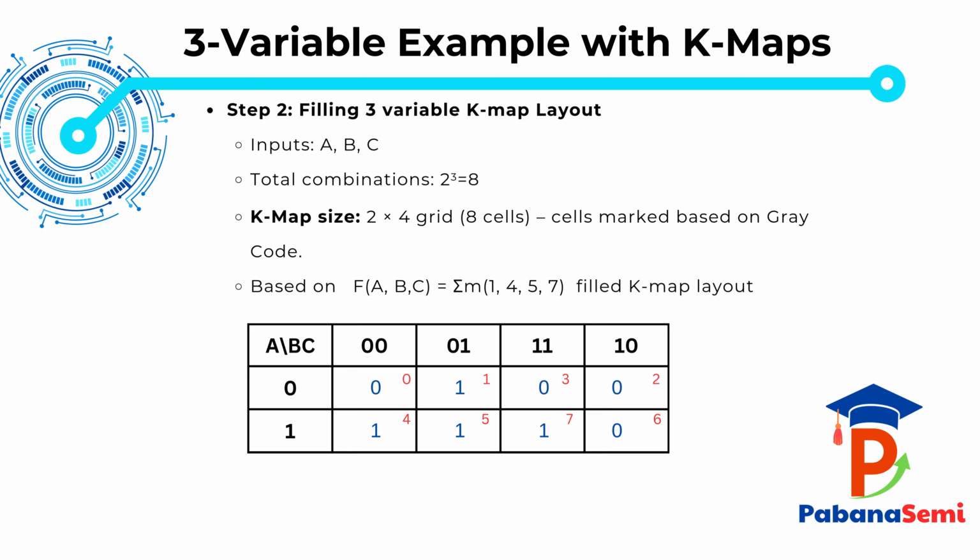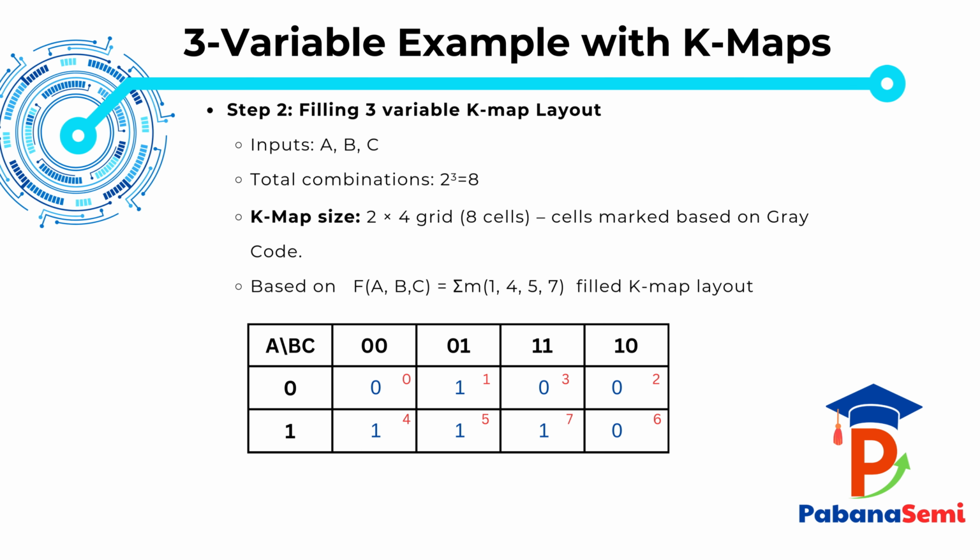Filling the K-map using the function. The given function is F(A,B,C) equals sigma M 1, 4, 5, 7. This means the output F equals 1 at minterms 1, 4, 5, and 7. So we fill the K-map as follows. At M1, we place a 1. At M4, we place a 1. At M5, we place a 1. At M7, we place a 1.